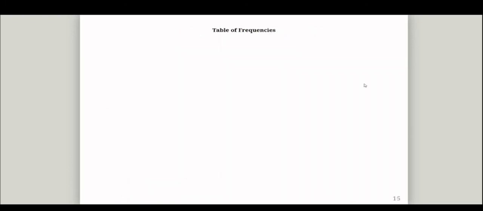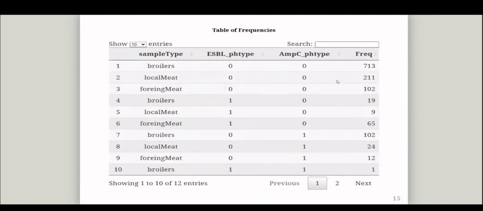So what can we do with this information? The first thing we can do is to count, so to take the frequencies. How many broilers were negative to both types of antimicrobial resistant genes? We got over 700. And for the local meat, we got 200 and so on.